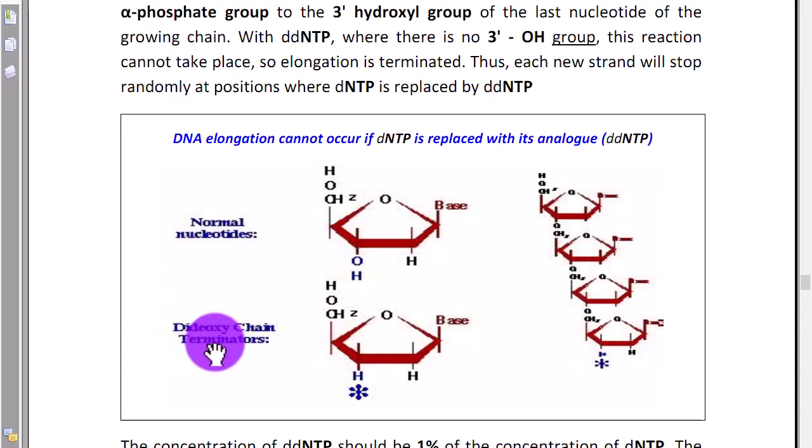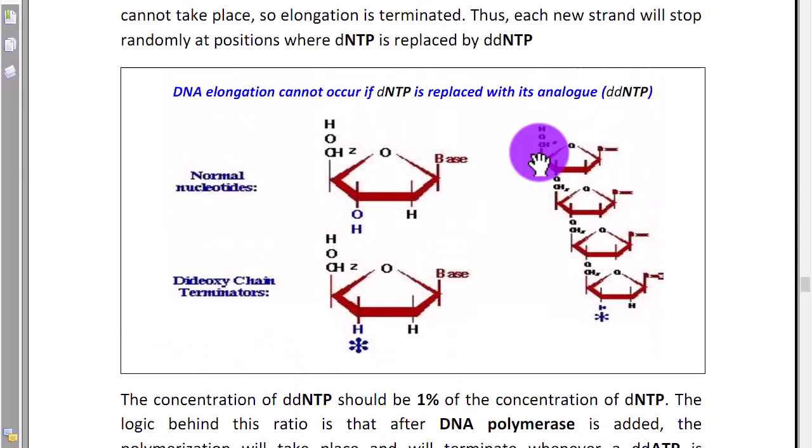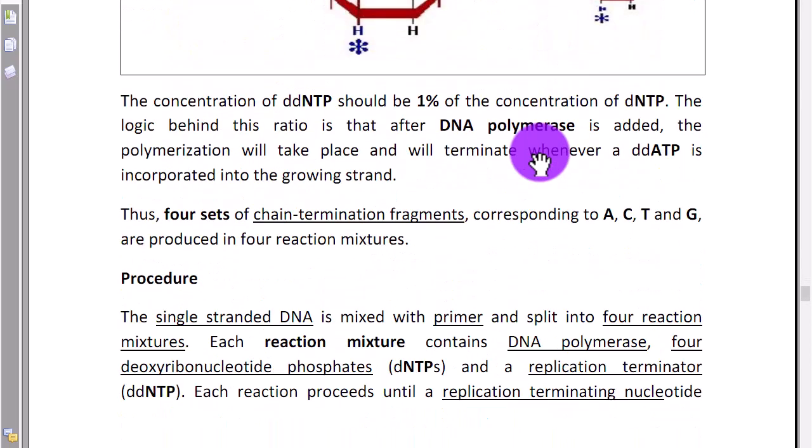With dNTP, the normal nucleotide, and ddNTP, the chain terminator: where there is a 3'-OH group, this reaction can take place, but when ddNTP is incorporated, elongation is terminated. Each new strand will stop randomly at a position where dNTP is replaced by ddNTP. The concentration of ddNTP should be 1% of the concentration of dNTP.